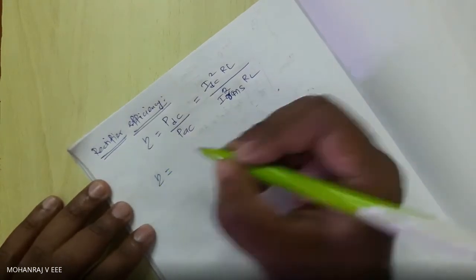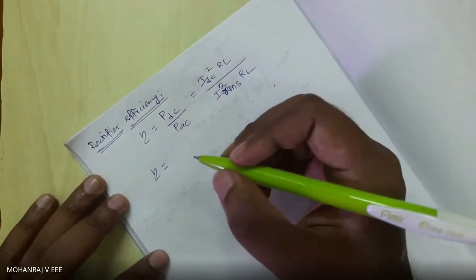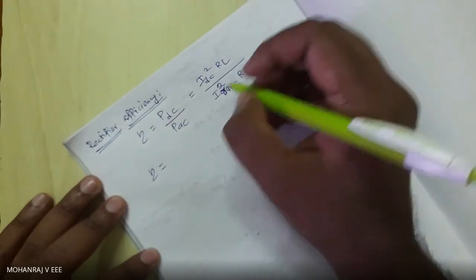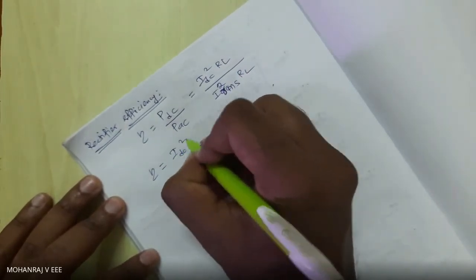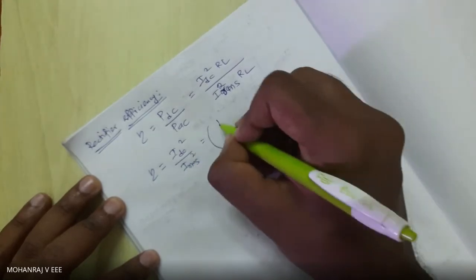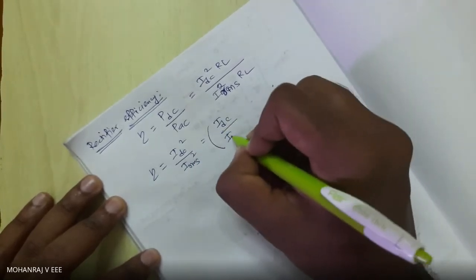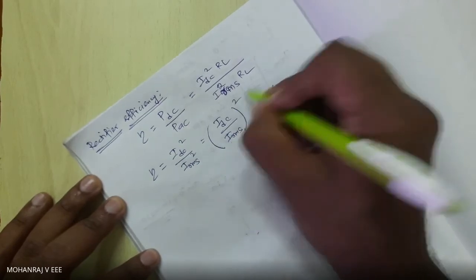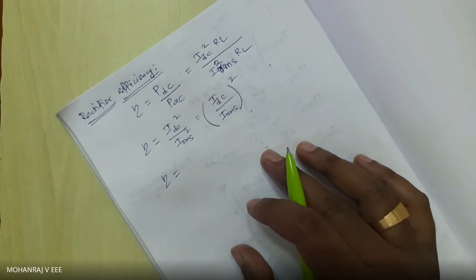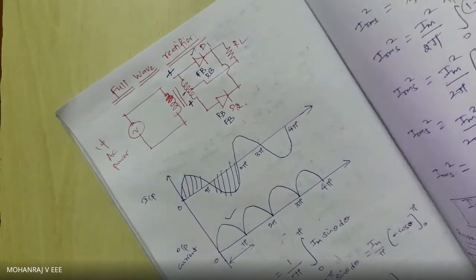Now what is my efficiency equal to? RL will get cancelled. IDC square by IRMS square can be written as IDC by IRMS the whole square. What is my IDC equal to?